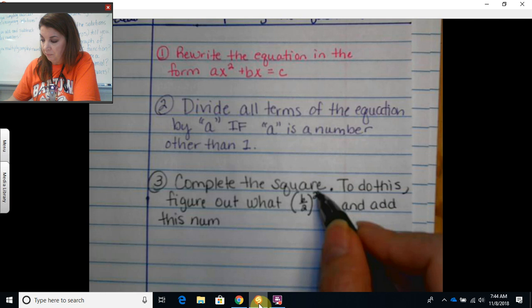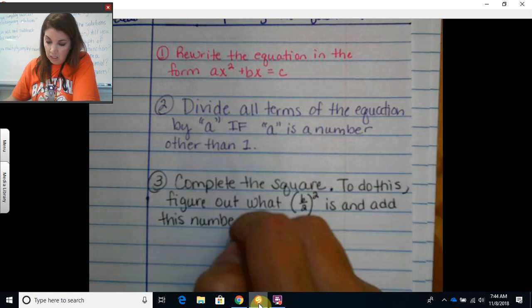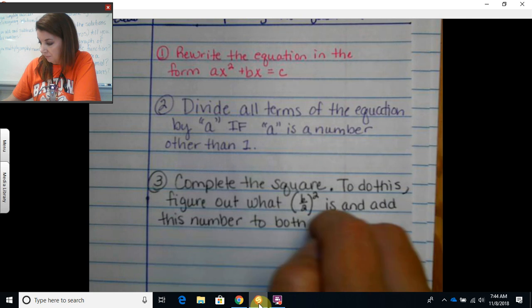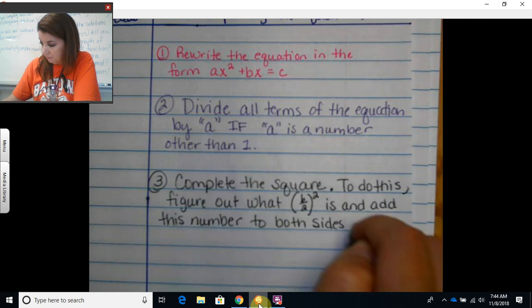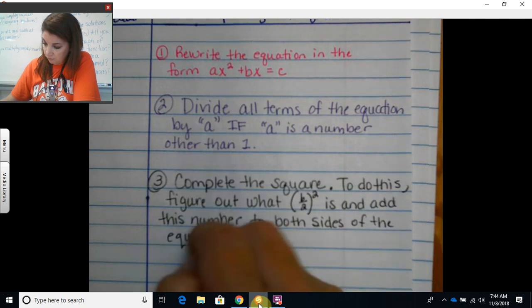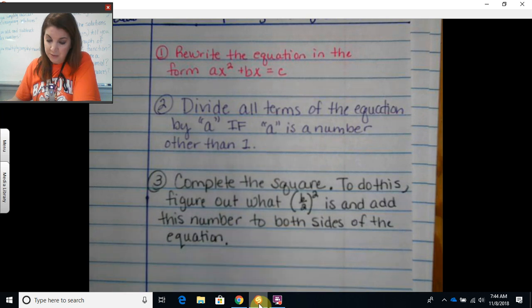So figure out what that is and add this number to both sides of the equation. This will create a perfect square trinomial on the left side of the equation.